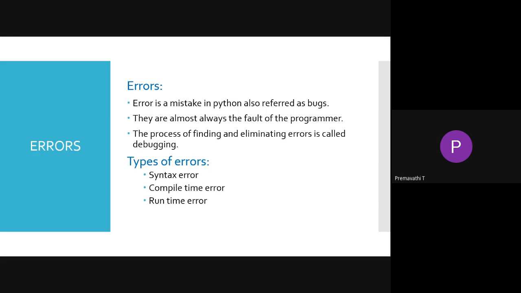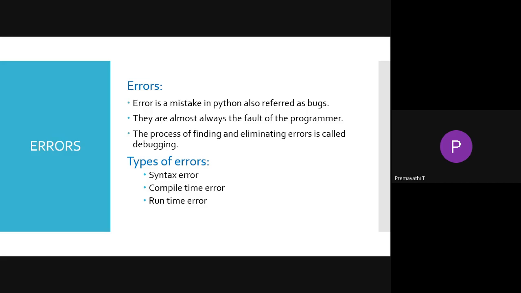Errors detected during the execution are called exceptions. So an error is normally a mistake made by the programmer. Exception handling is nothing but how we, as programmers, have to handle those errors at execution time. So it is called exception handling.